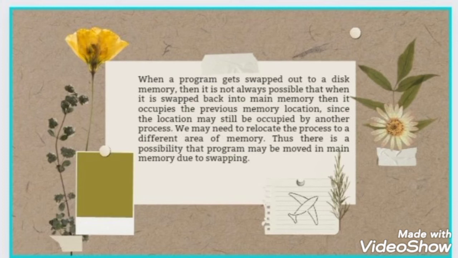When a program gets swapped out to disk, it's not always possible that when it is swapped back into main memory, it occupies the previous memory location. Since the location may still be occupied by another process, we may need to relocate the process to a different area of memory. Thus, a program may be moved in the main memory due to swapping.